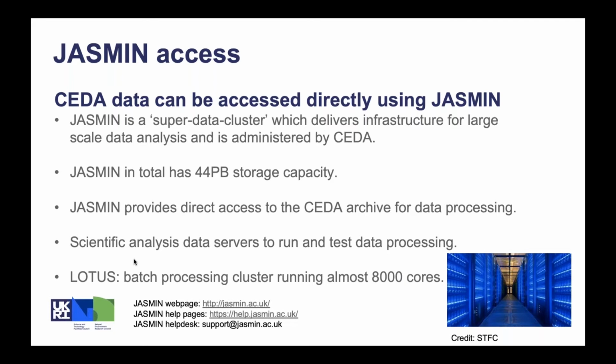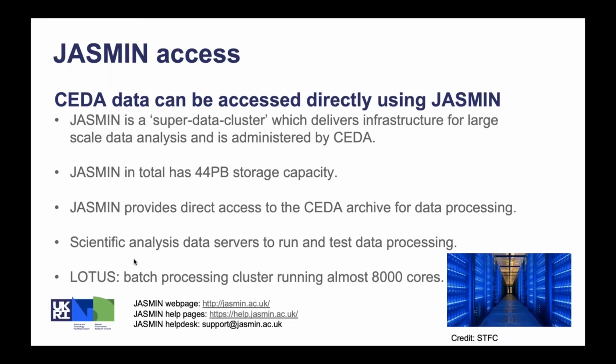This typically is for research-based access, but more information can be found on the JASMIN webpage at the bottom and our help pages, so you can work out whether you're allowed to apply for access to JASMIN. JASMIN has a total of 44 petabytes of storage capacity. This is split up between user storage and project storage, which is under group workspaces, and the CEDAR archive is also stored on JASMIN.